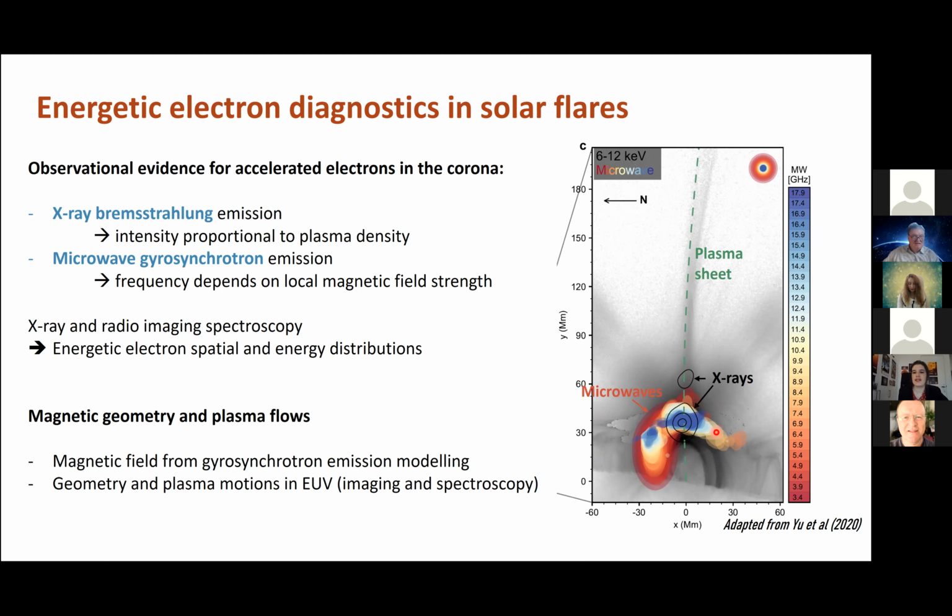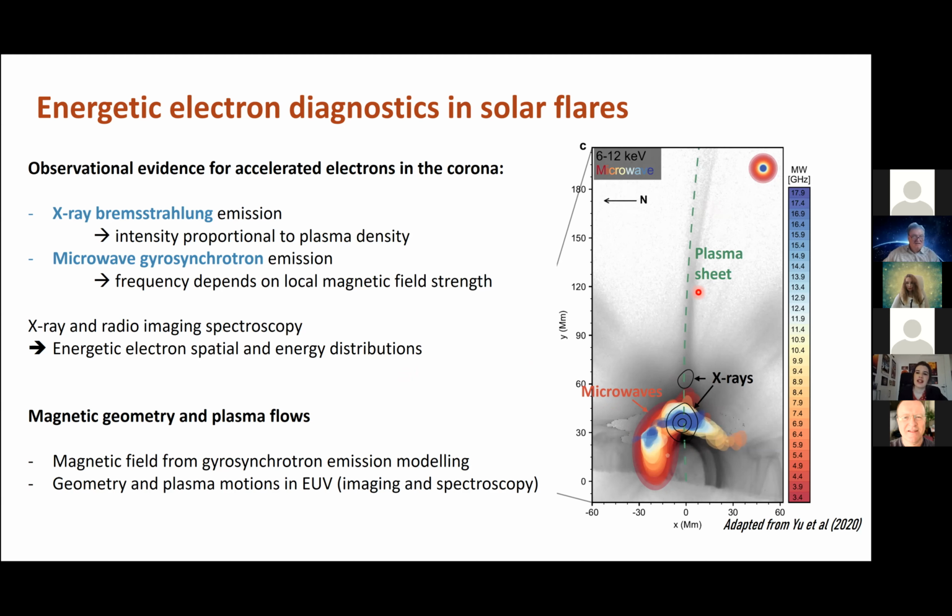So this is a very powerful tool to study what's happening for the electrons. In recent years, we've been able to do both X-ray and radio imaging spectroscopy. Here I only show images, but we also have access to the energy distribution of those emissions, and that's what we use to understand the distributions of energetic electrons.